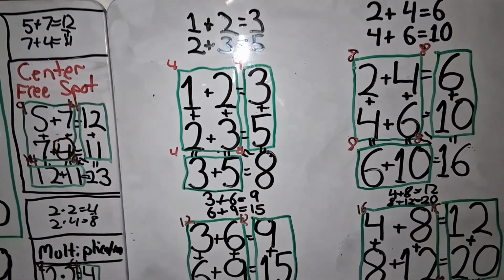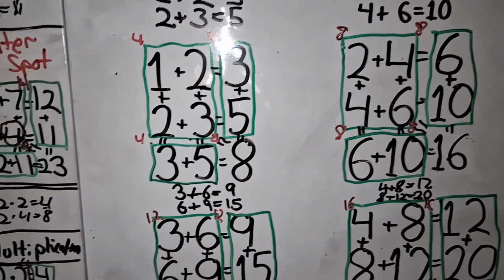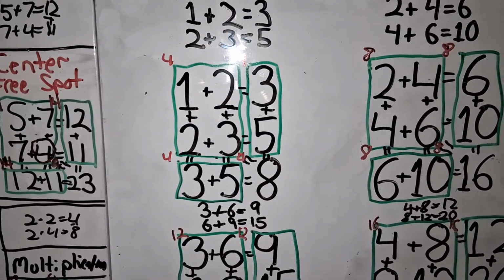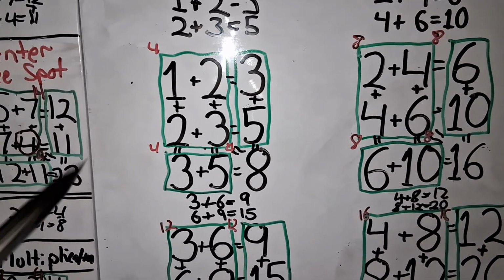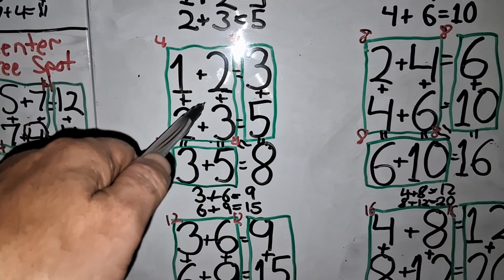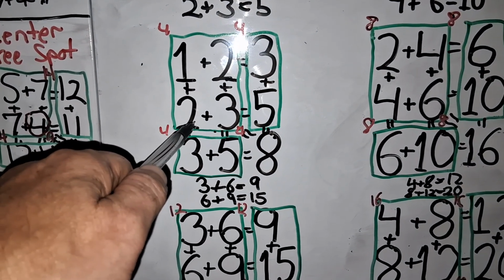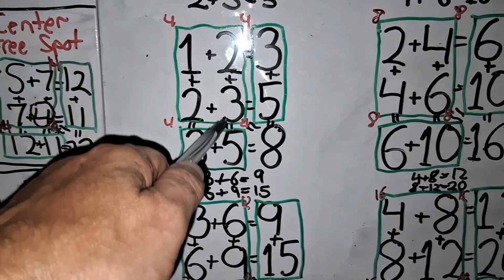What I figured out with these matrices is that they don't necessarily have to be spaced out in any sort of way, but there are constraints to these. Like 1, 2, 3, you have to follow that up by having a 2 right here, and then I put a 3 right here just to make that right here.